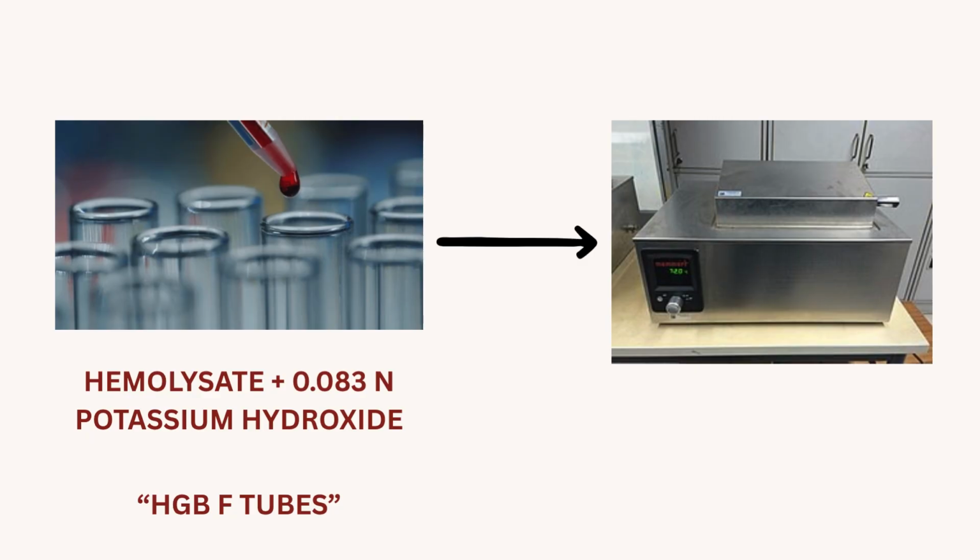So two tubes for patient and two tubes for control. So label these as hemoglobin F tubes. So place tubes in a water bath at 20 degrees Celsius for 10 minutes to allow solutions to reach the proper temperature.